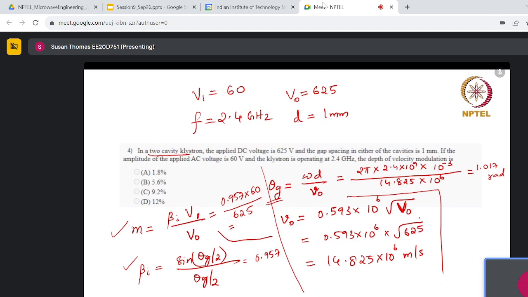In terms of percentage. So if you get 0.092, multiply it by 100. So it will become 9.2%. So the right option is option C.